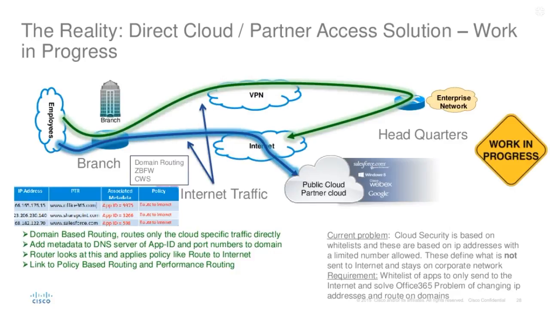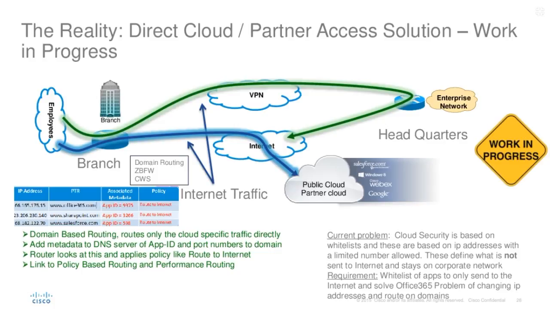Now, the third problem is from the perspective of the SD-WAN vendor themselves. And that's how on earth do I route this? Because in order to make this system really work, I really have to route by domain. So I need to be able to route on the domain that I'm going to. So I'm routing out to Microsoft Office 365, and I want to route based on that.